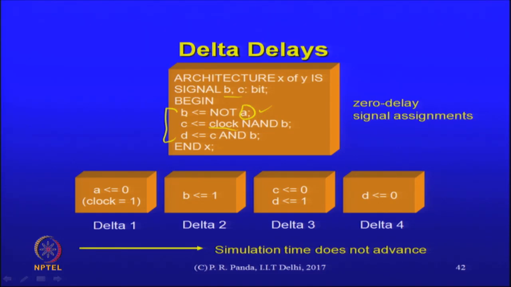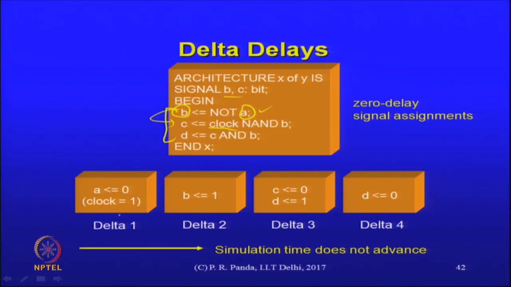So, C may be triggered not merely because that input clock is changing, but also because one of the internal signals B is changing, and in fact time might not have forwarded between the 2 triggerings. So, that is why it is in some ways an interesting case that needs to be separately looked at.